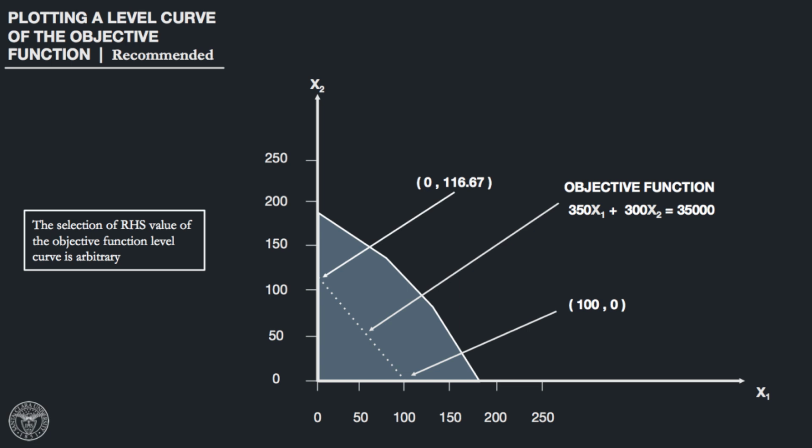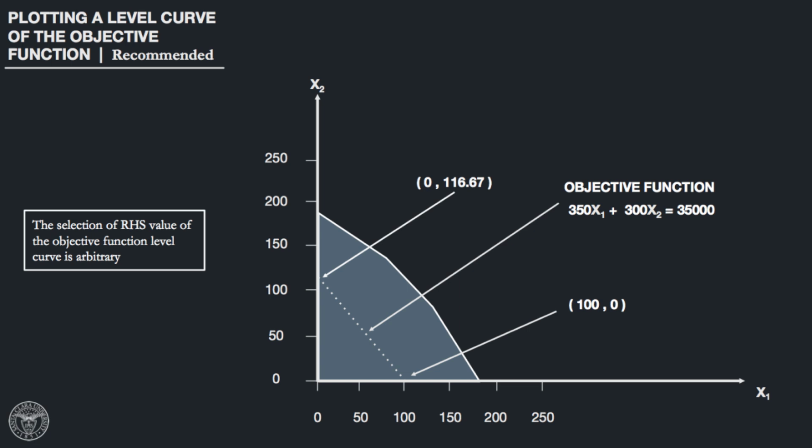So let's set 350x1 plus 300x2 equal to 350 times 100, so we have 35,000 for the right-hand side value. We can draw the level line on the graph with two points: one is (0, 116.67), another is (100, 0), and we have the objective function line.